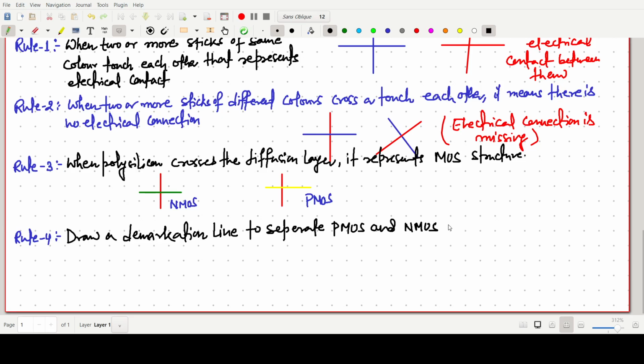For example, we are making a PMOS, and NMOS. So there will be a demarcation line, and this one is our demarcation line between NMOS and PMOS.